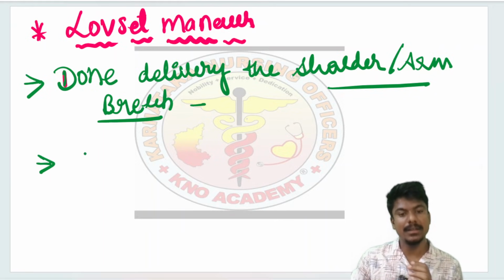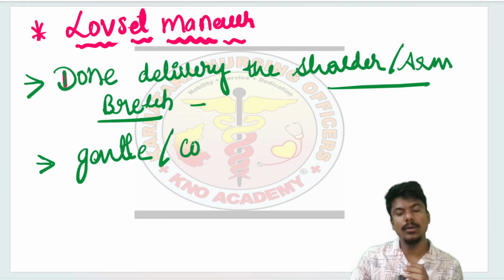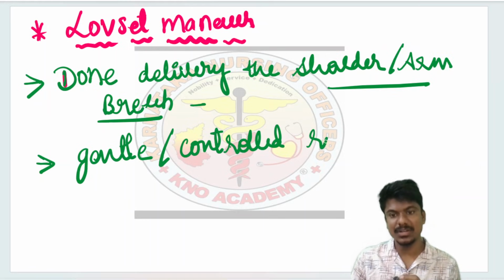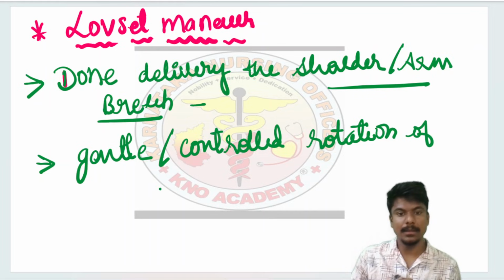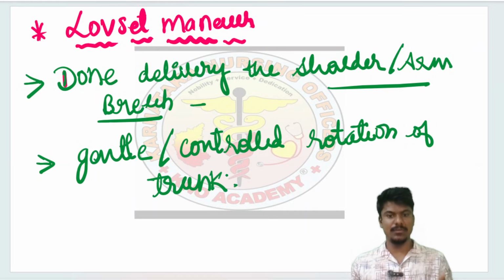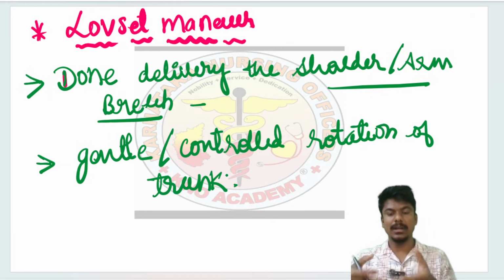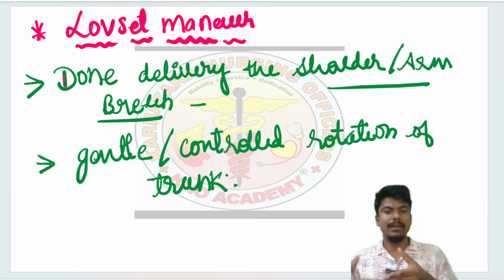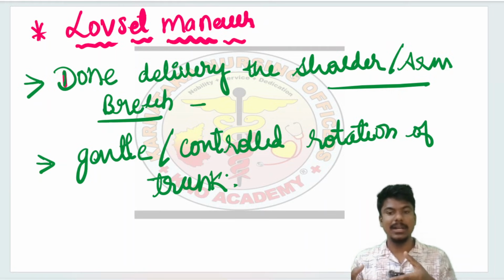How will they do it? A gentle, controlled rotation of the trunk. In a breech presentation, the foot is the presenting part. After the foot is delivered, you have the trunk in hand. You hold the trunk with both hands and gently rotate it 180 degrees, one rotation to the right, one to the left, 180 degrees.